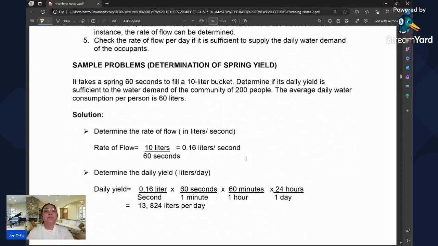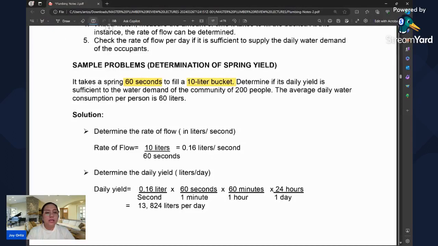So here's the sample problem for determination of the spring yield. For example, it takes 60 seconds, this is the time, to fill the 10-liter bucket. So 10 liters is the volume. Sulatan natin.